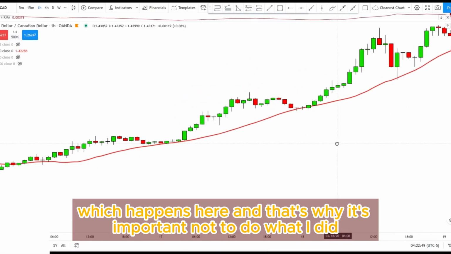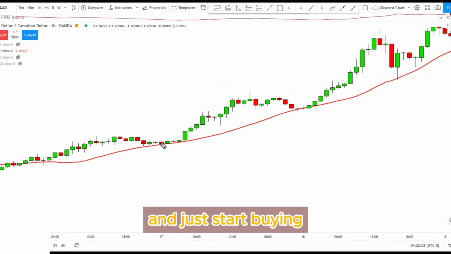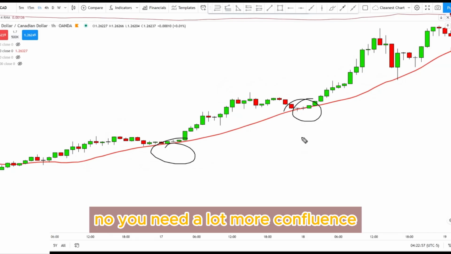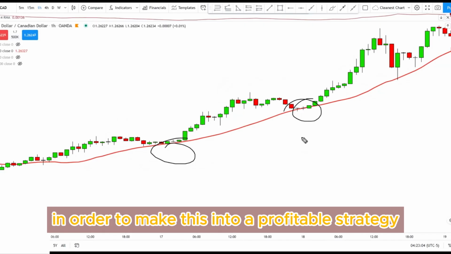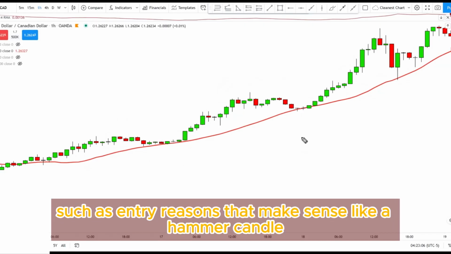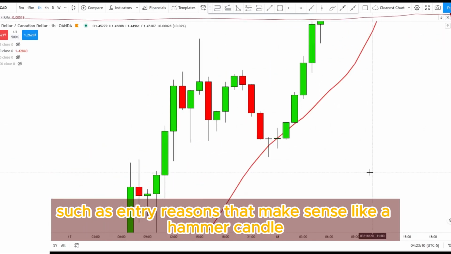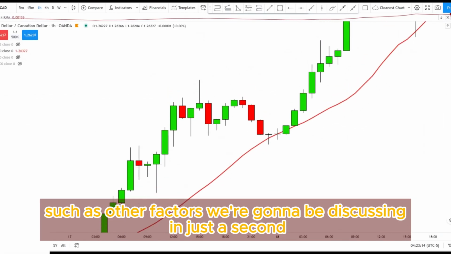And that's why it's important not to do what I did when I was talking to you earlier in the video and just start buying because the market's touching the 20 moving average. No, you need a lot more confluence and a lot of other factors coming together in order to make this into a profitable strategy, such as entry reasons that make sense, like a hammer candle, such as other factors we're going to be discussing in just a second.